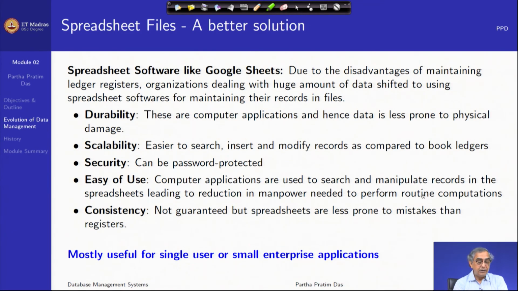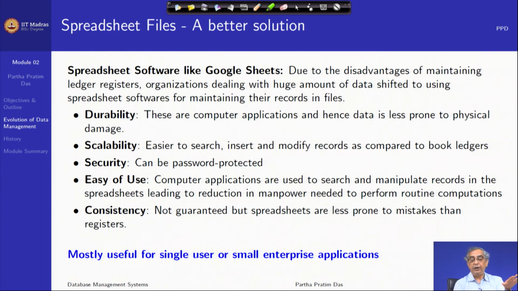Somewhat of a better solution, which many of us widely use, came about 40 years back. I just mentioned VisiCalc. It is spreadsheet software which allows you to keep records in simple terms.